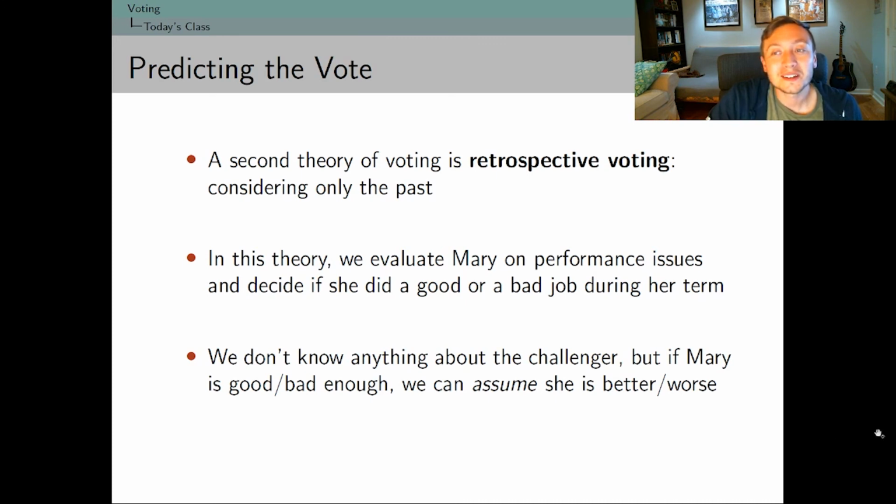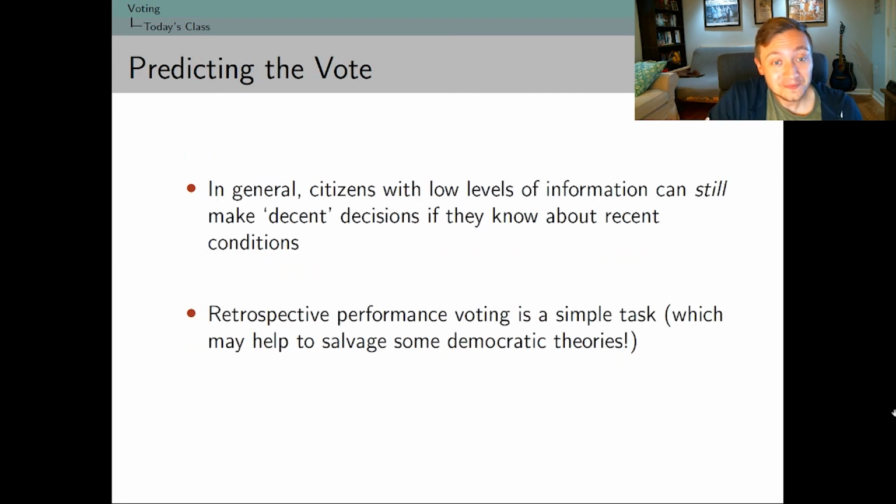And so if you think about it, right, if you're thinking in your head, this seems like a very dangerous kind of vote decision because we don't know anything about this challenger and they could, again, be a very bad candidate. You'd be right. This is a potentially shaky kind of voting decision. However, I would argue that a large number of Americans engage in voting behavior that very much looks like this retrospective kind of idea.